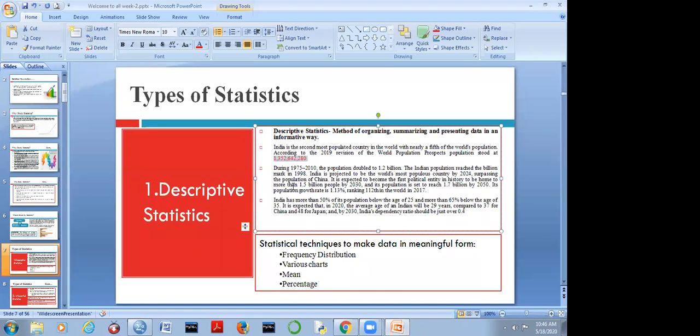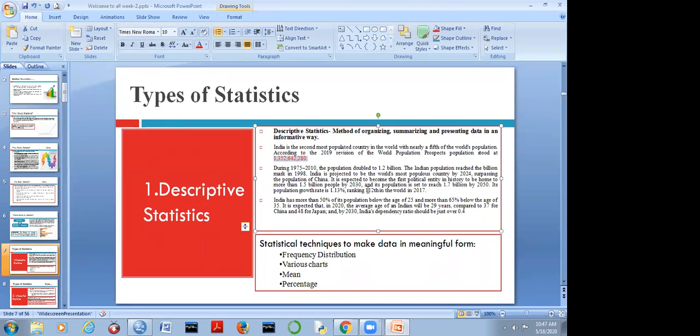Second example: during 1975 to 2010, the population doubled to 1.2 billion. The Indian population reached the billion mark in 1998. This paragraph gives information about the population starting from 1975.